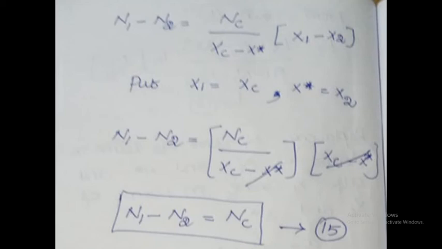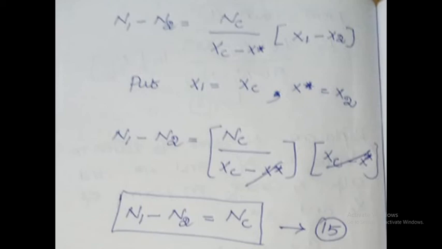Drying from X1 to X2 is the general case, initial to final moisture content. But in this case, the drying is from Xc to X star. Xc is the initial moisture content, that is the critical moisture content. X star is the equilibrium moisture content or final moisture content.